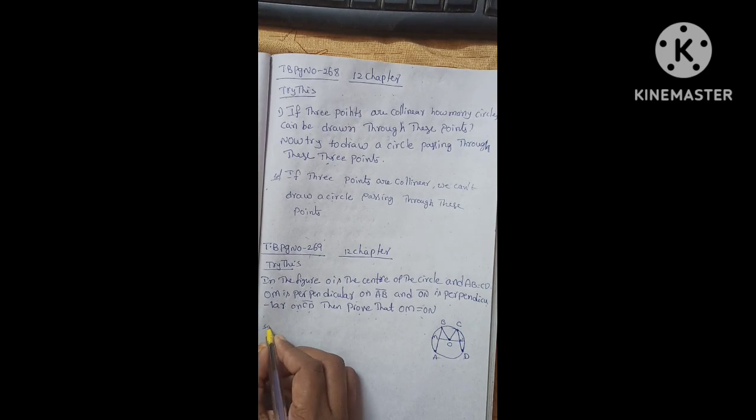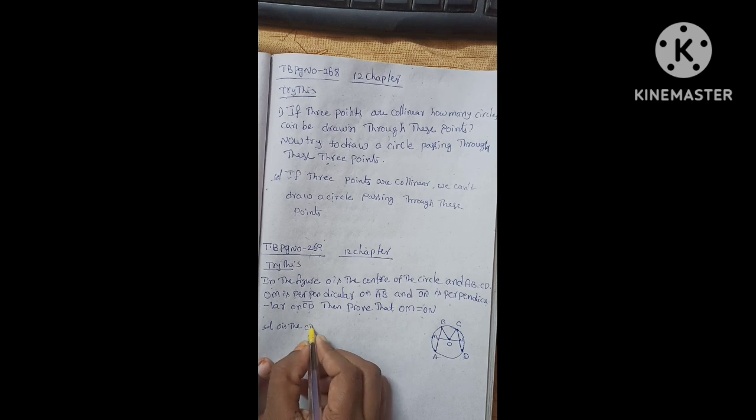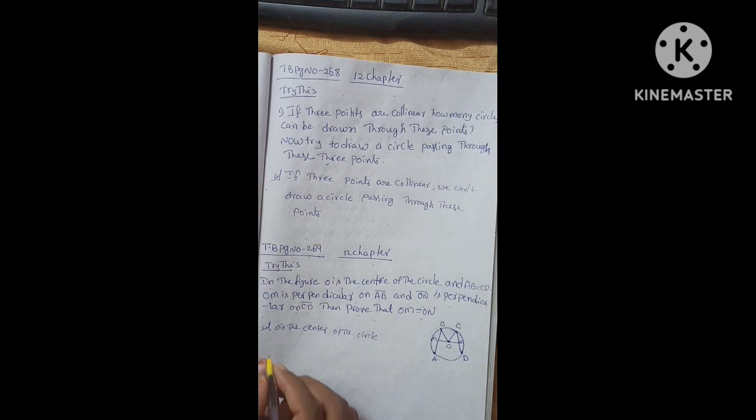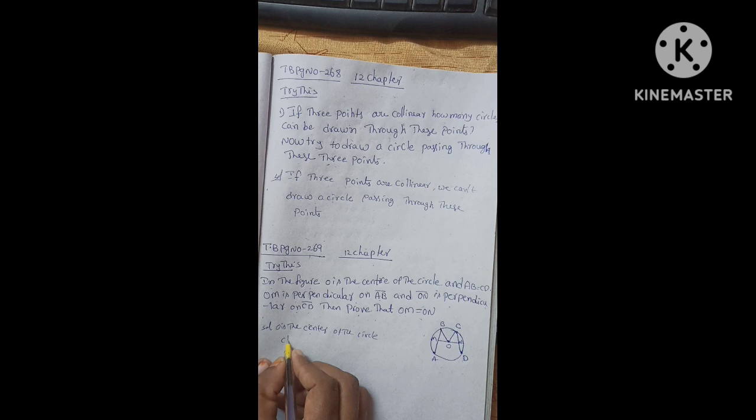Solution. O is the center of the circle. Chord AB is equal to CD.